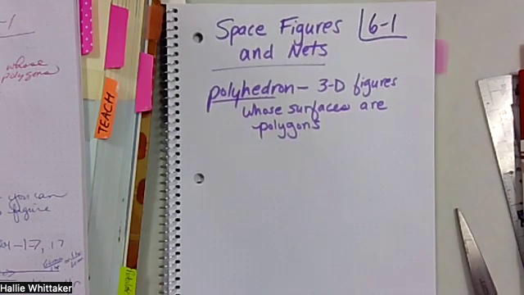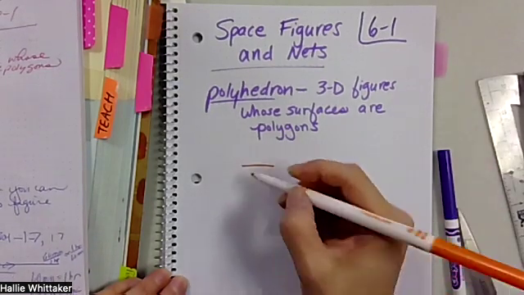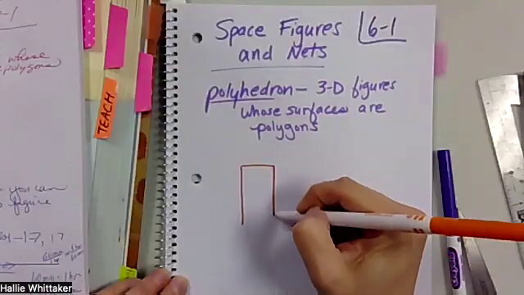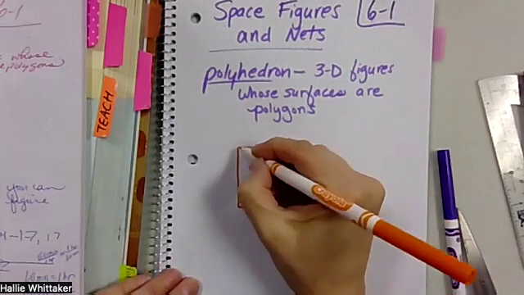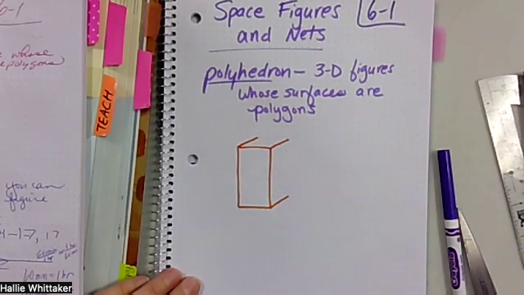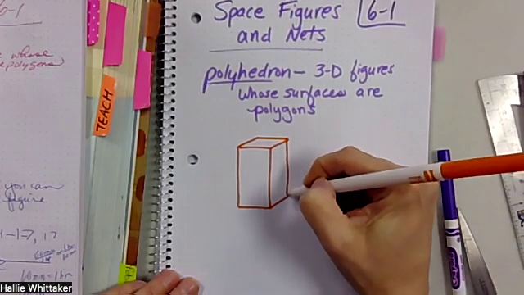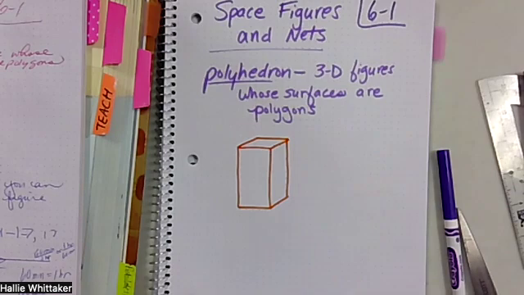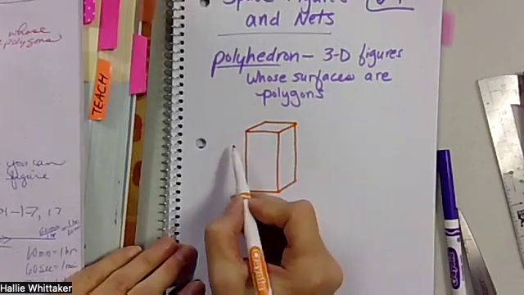Now, I am not the best artist, so bear with me. I'm going to try to draw a 3D figure to the best of my abilities. I'm going to start with a rectangle, and I'm going to send out these diagonal lines, and then I'm going to connect and hope that that looks somewhat three-dimensional. So just a reminder, we've already talked about it.